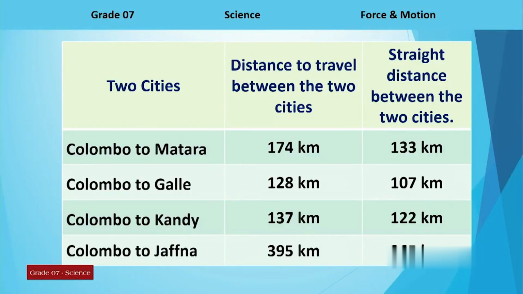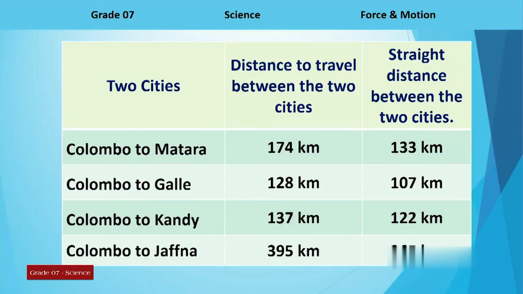Let us see. From Colombo to Matara, the distance to travel between the two cities is 174 kilometers. But the straight distance between the two cities is 133. Now you can observe that the value has decreased. From Colombo to Galle, the distance to travel is 128 kilometers.